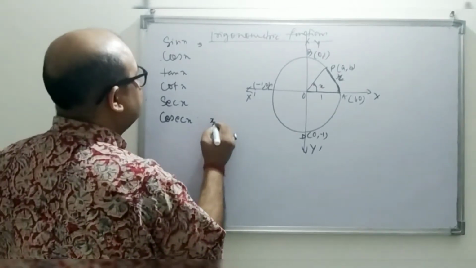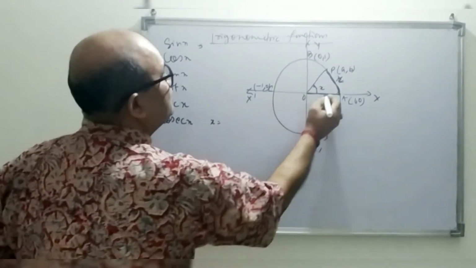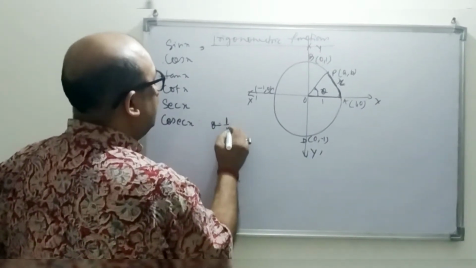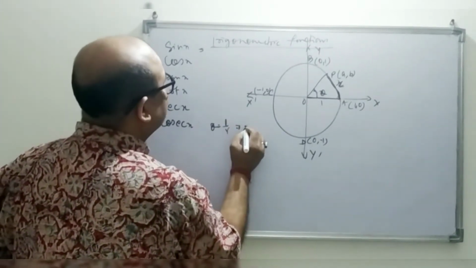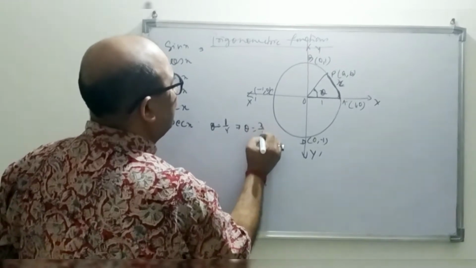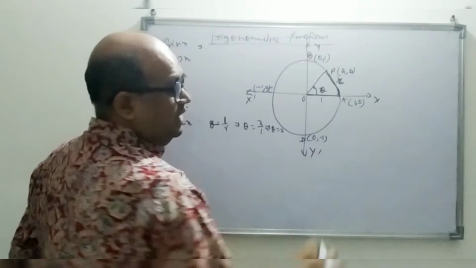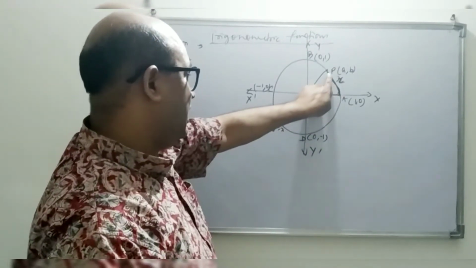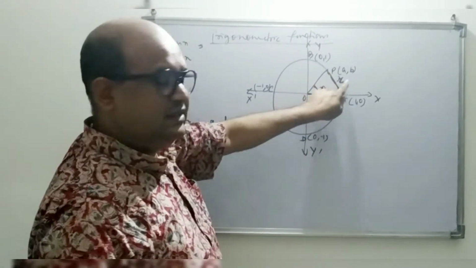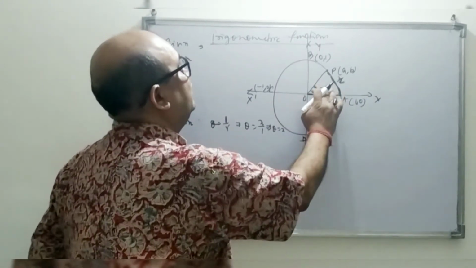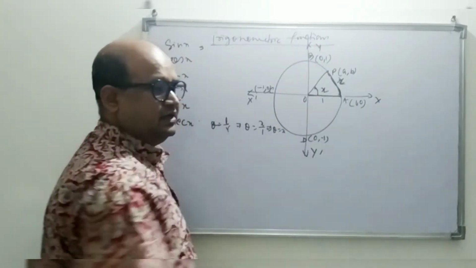Why? We know theta equals L by R. Here L is x and R is 1. That means theta equals x. So if the length of the arc is x, for a unit circle the angular measurement will be x.